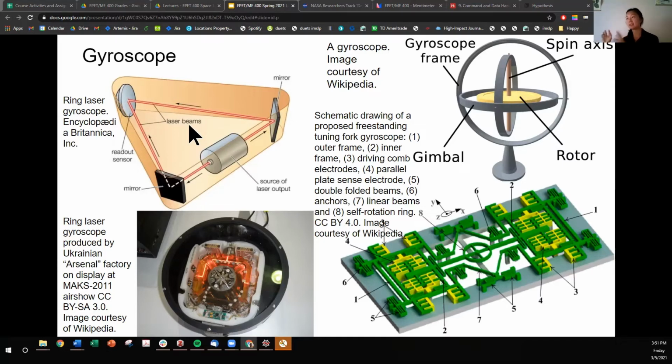Because it's in a non-inertial frame, the light is going to travel differently. And because the laser is going to travel differently, you can measure that difference and correlate that to an angular velocity of your system that's moving.